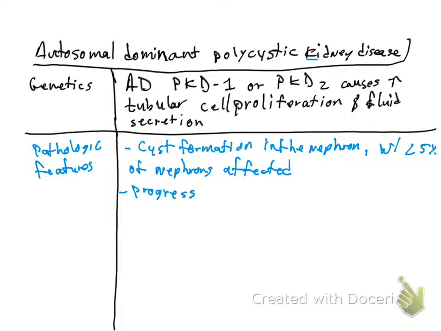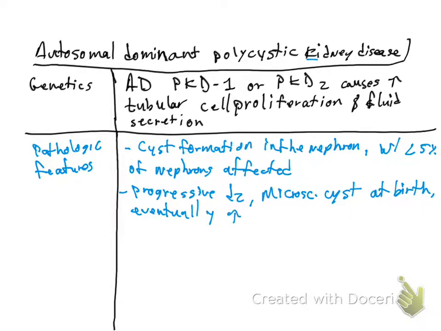When you're born, your cysts are microscopic, but eventually they increase during decades. For example, you will probably see patients in their 50s, so it takes decades to increase those cysts.